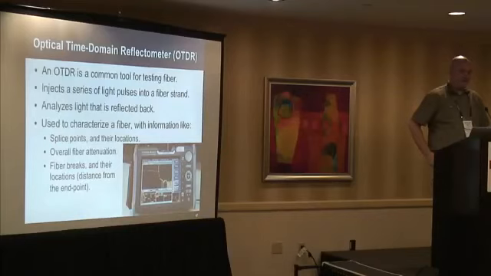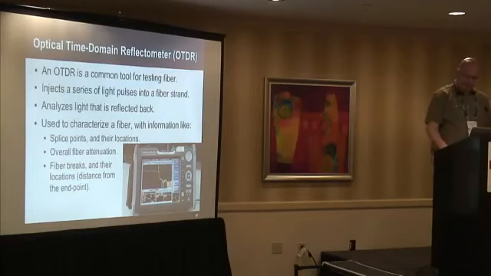You've got an OTDR, an optical time domain reflectometer. What this does is let you characterize the fiber. It sends pulses of light down, and it looks for reflections. Every time you have a splice point or a connector or something that's not completely perfect, you're going to get reflected light back. You hit an edge, and something bounces back, and you're able to characterize this and see exactly how far out these things occur.